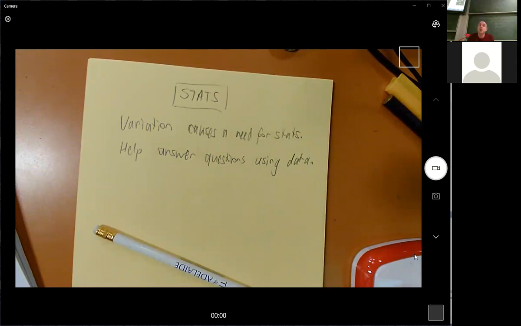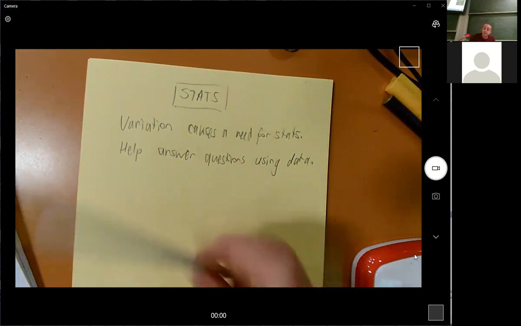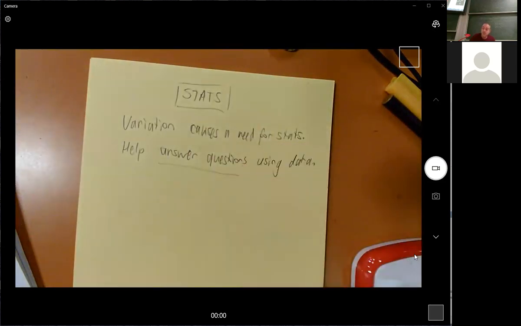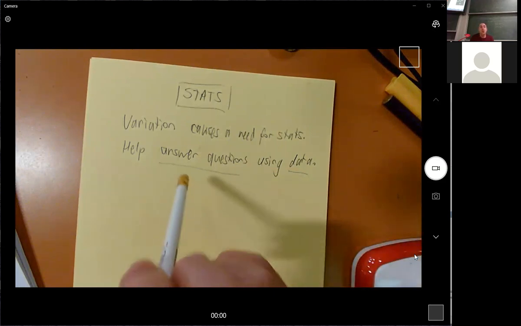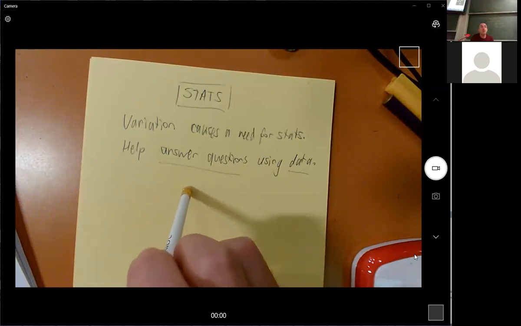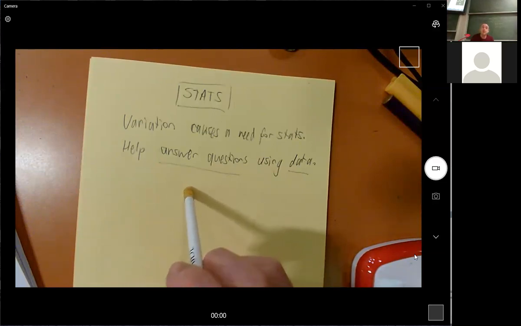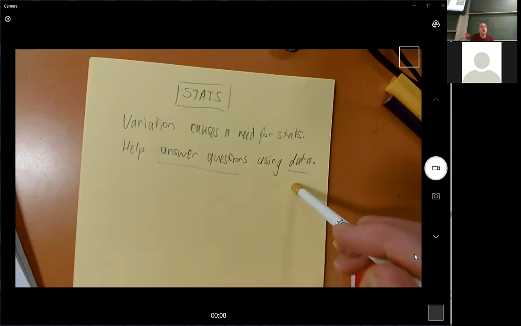Statistics is only good at some kinds of questions, and it will only work if you have data. The type of data you have dictates the sort of statistics that you can do. And the type of question you're asking dictates the sort of statistics that you need to do. So with some data, you're not capable of calculating certain things.